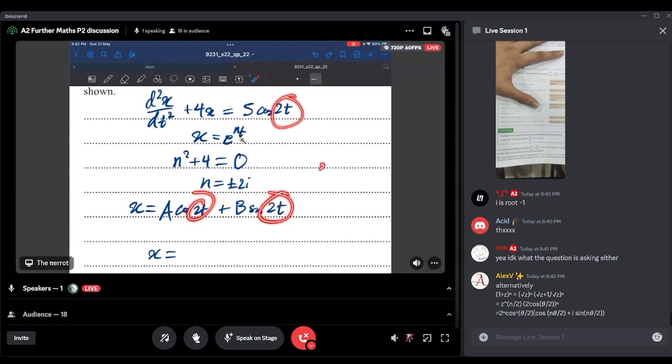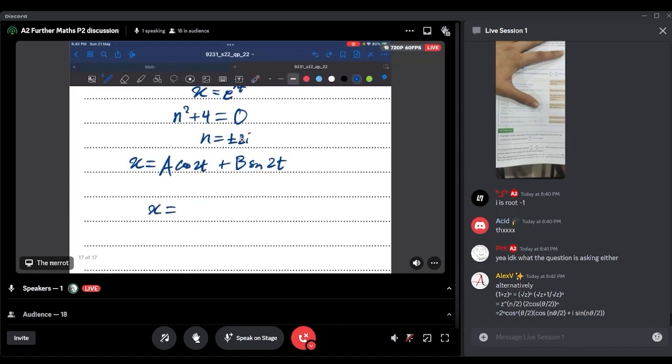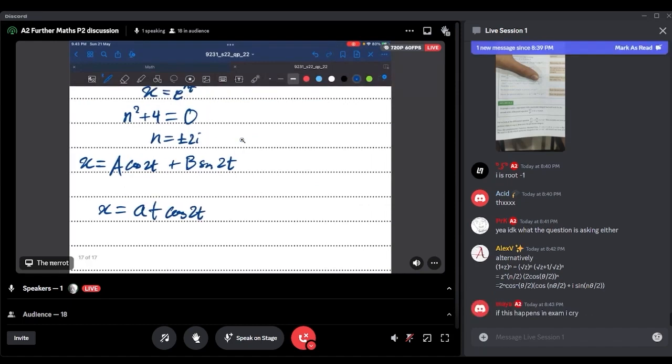And I forgot what you should do. Multiply by t, right? Put a t. Yeah, I think you should put a t as a factor here. So at cosine 2t plus bt sine 2t. Is it like that, Alex?